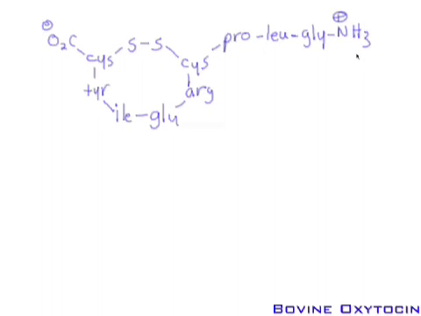You usually draw it the other way, flipped. But the point is, disulfide linkages can produce a loop. This peptide is called bovine oxytocin, a peptide involved in labor.